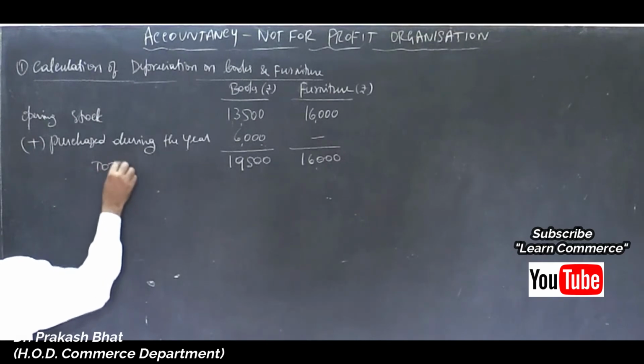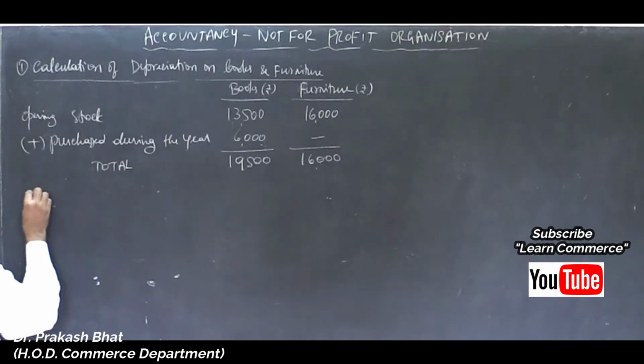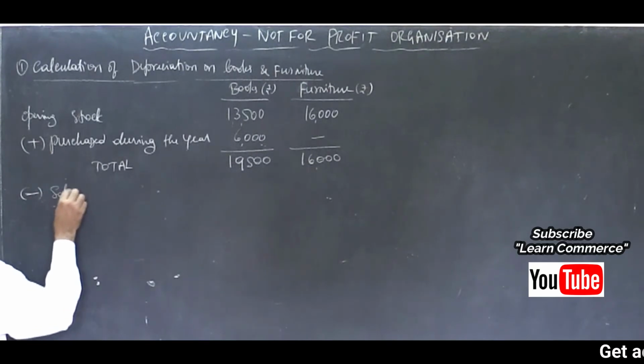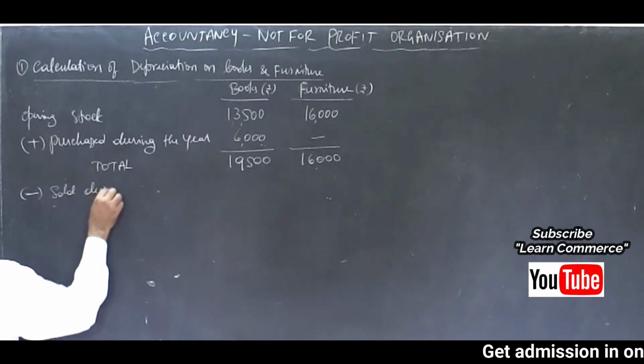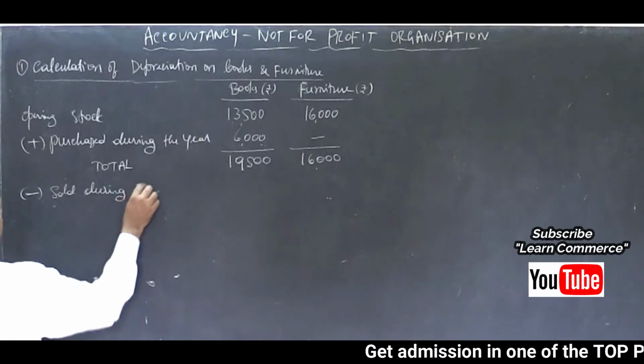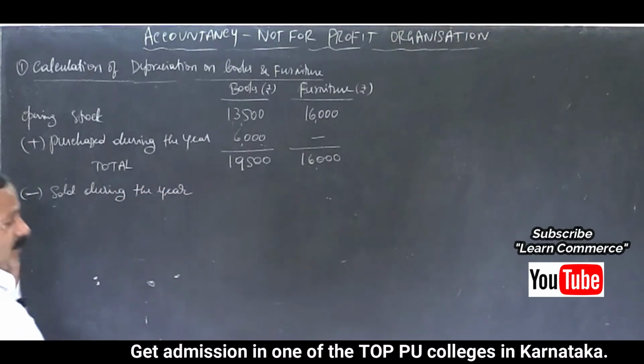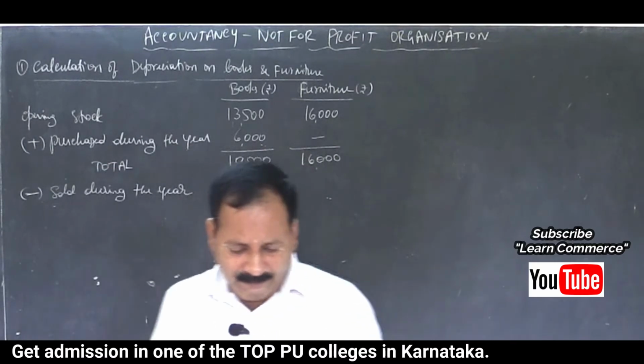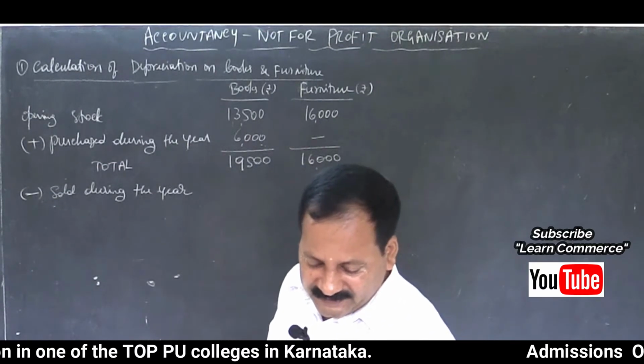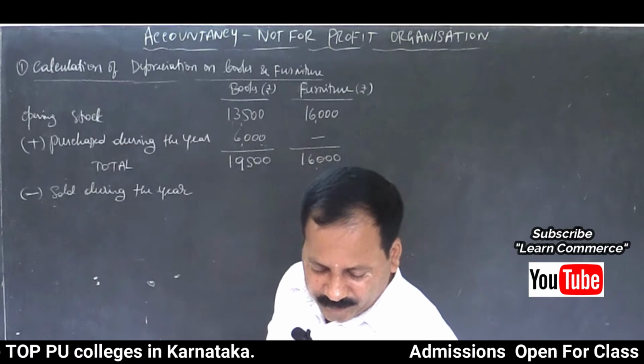Total. Less sold during the year. How much is sold? Only furniture is sold, I think. Am I correct? Sale of furniture. Books are not sold.